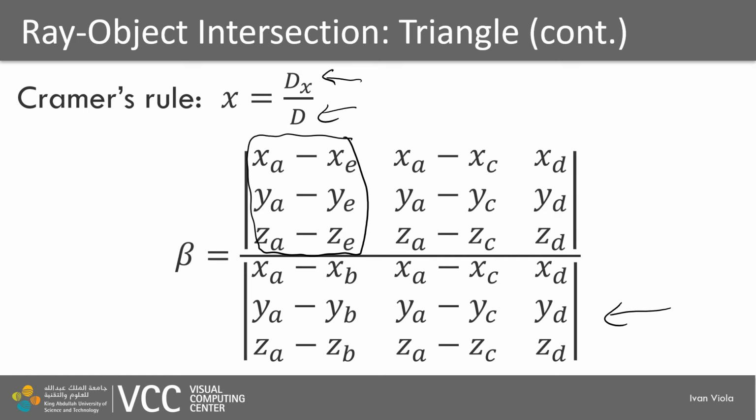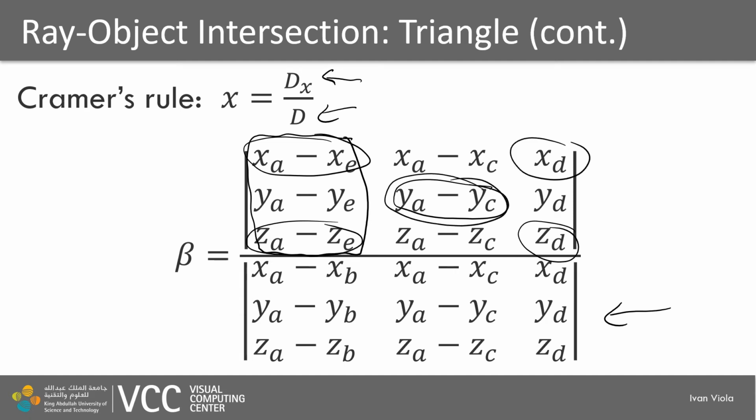So this is Cramer's rule for calculating values in the linear equation system. And here, once we have these two matrices, we can simply calculate the determinant by multiplying along the diagonal with different terms. This term will be multiplied by this term, and it will be subtracted by the multiplication of this term with this term and this term, and etc.